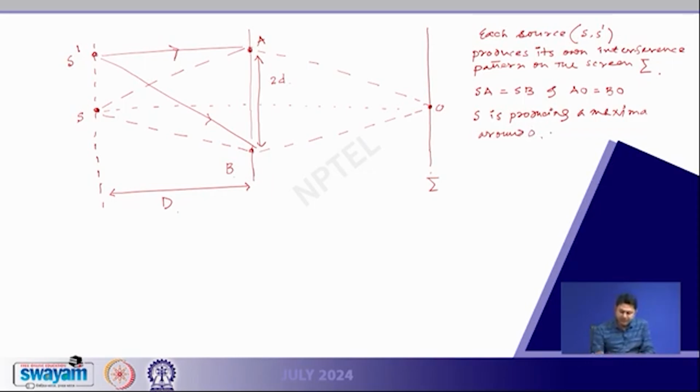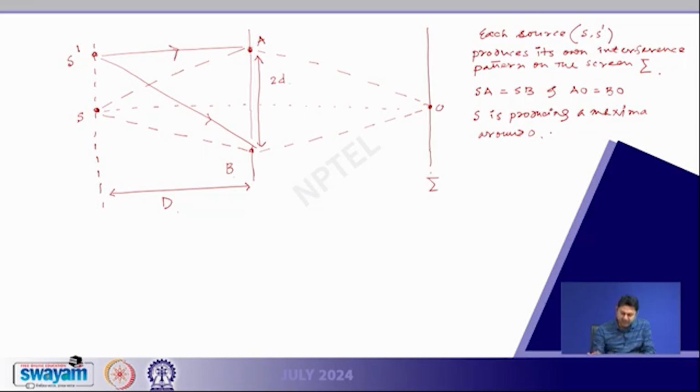Now if S is producing some maxima, then we need to check what happened for the other wave, that is, what happened for the other source S1. Will S1 produce a maxima or minima? That depends on the path difference between S1B and S1A.